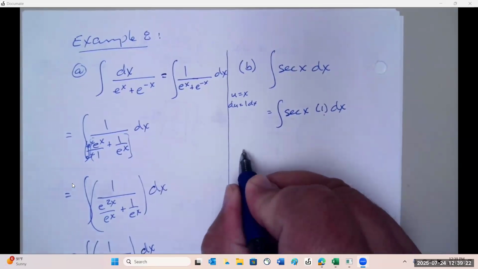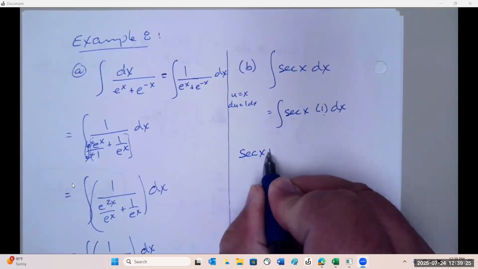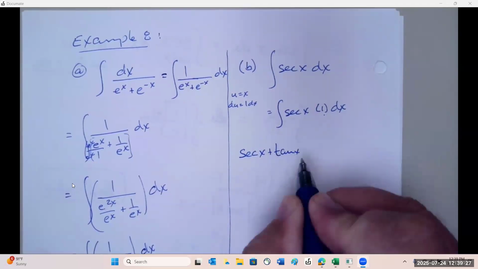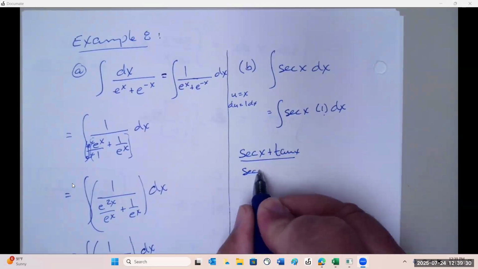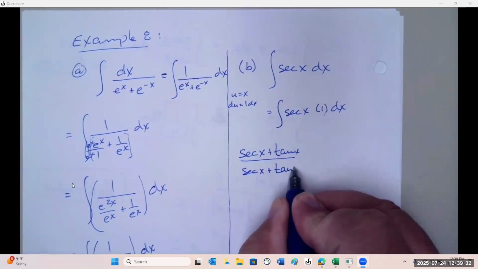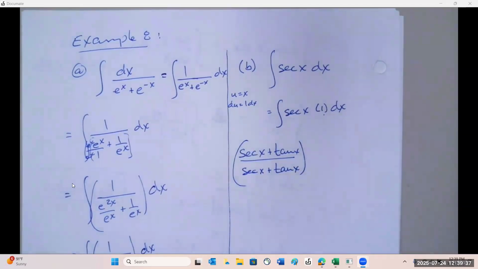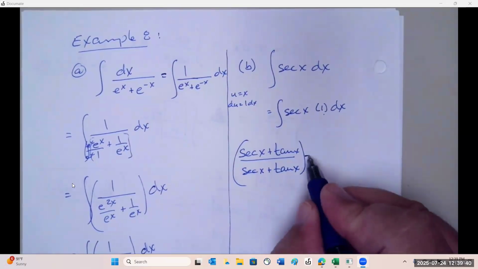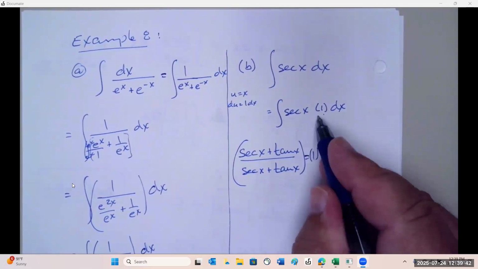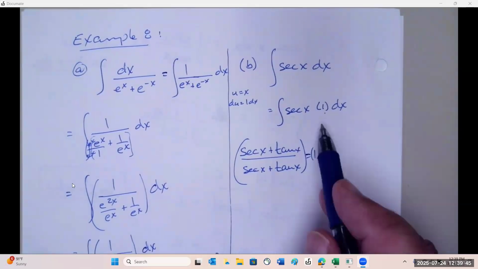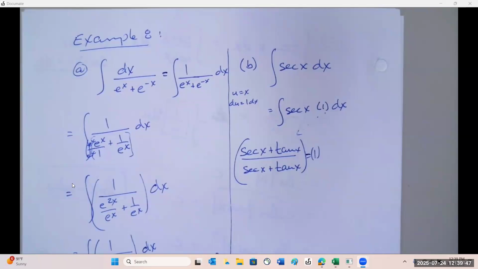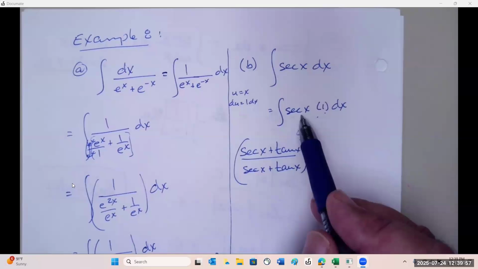What we're missing is that is our 1. That's what we're going to multiply by. Because you're right, we have secant tangent x. We have to get rid of those. Remember, this is the derivative.